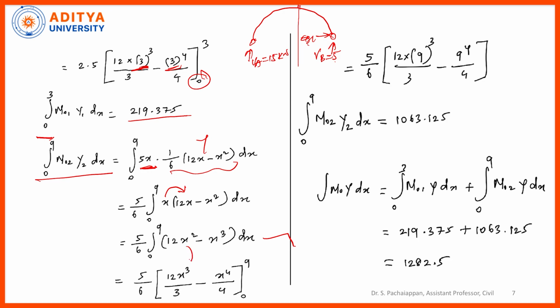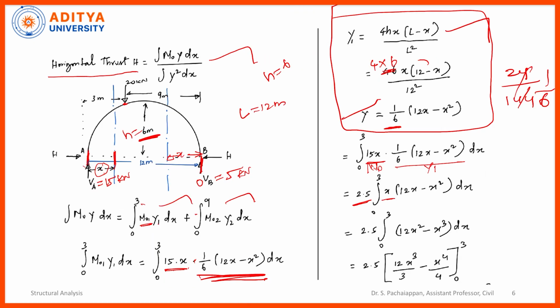If you integrate x square, it becomes x cube by 3, and if you integrate x cube, it becomes x power 4 by 4. Applying the upper limit, wherever x is there we put 9 and simplify. The lower limit you need not substitute, since it becomes 0. Calculating with the calculator, we get 1063.125.